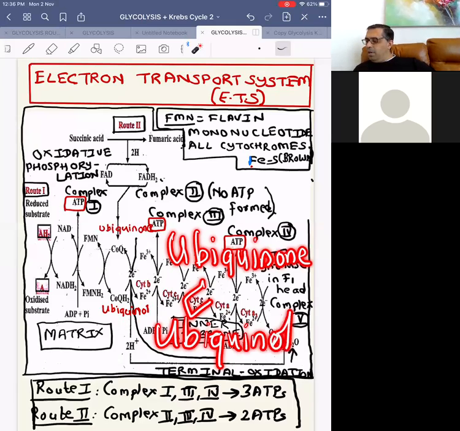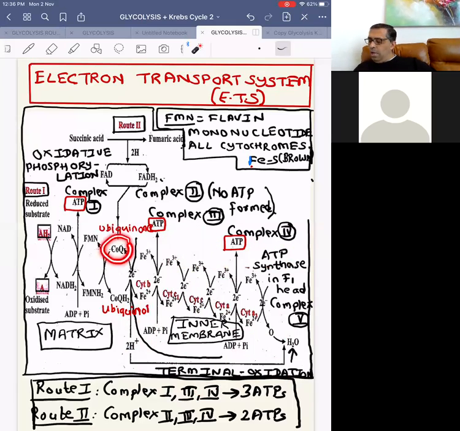In other words, what has happened? Coenzyme Q has got reduced to become coenzyme QH2.